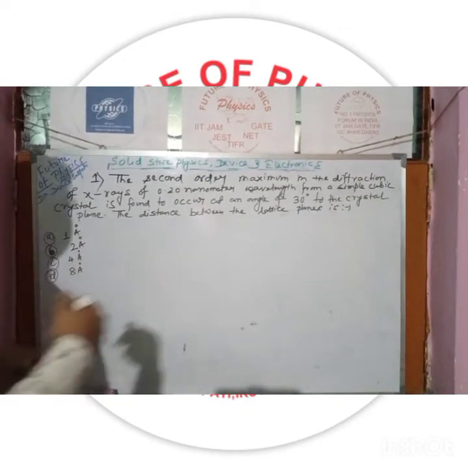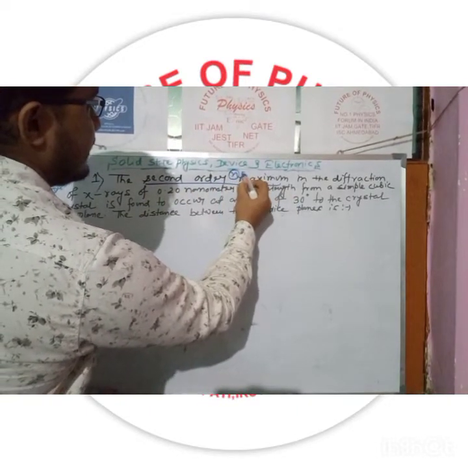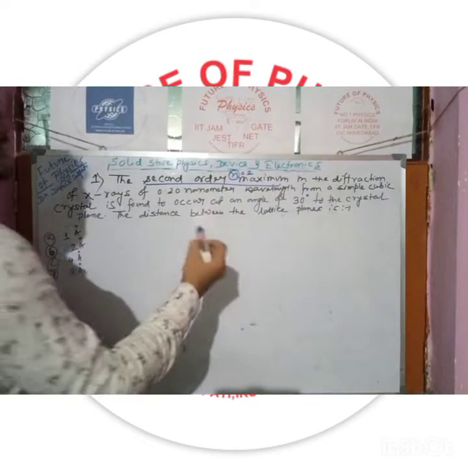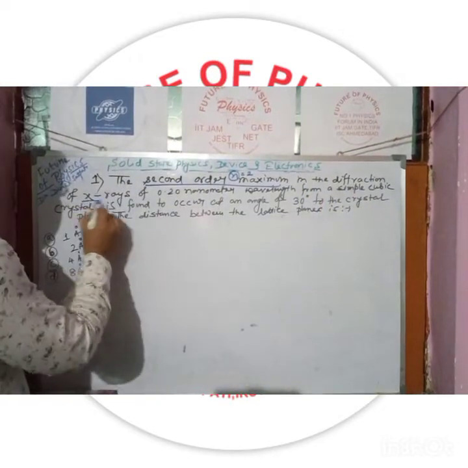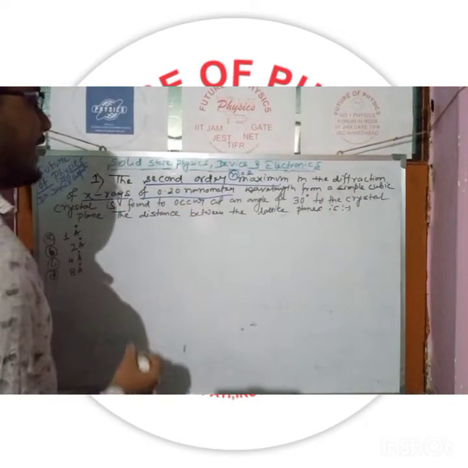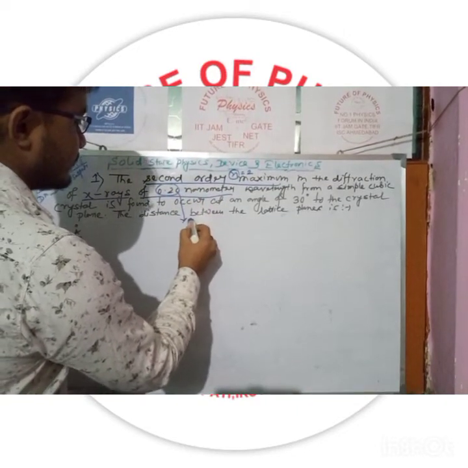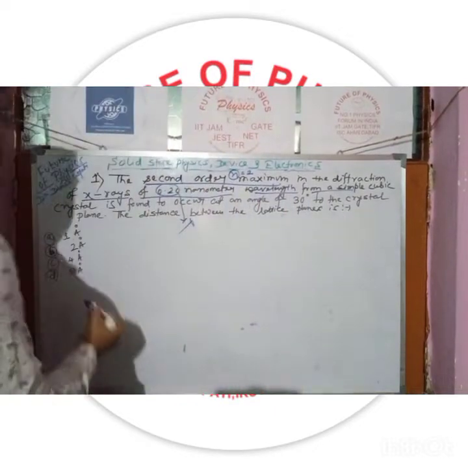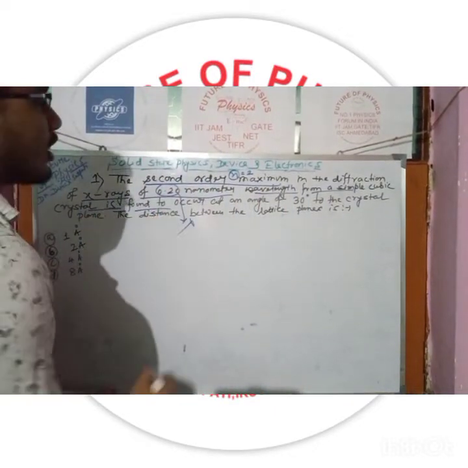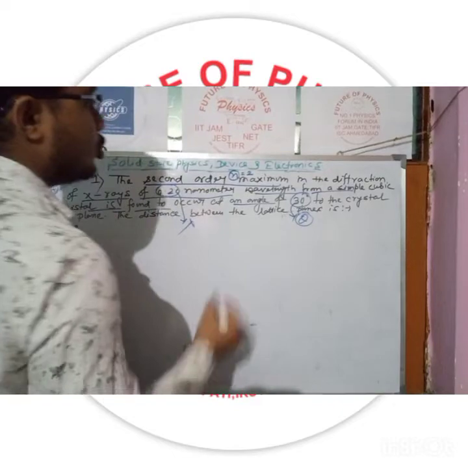Now the first question: the second order maximum, n equals 2, in the diffraction of X-rays of wavelength lambda 0.20 nanometer from a simple cubic crystal is found to occur at an angle theta of 30 degrees to the crystal plane.